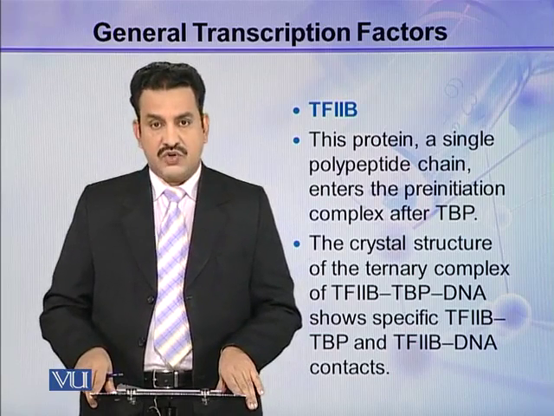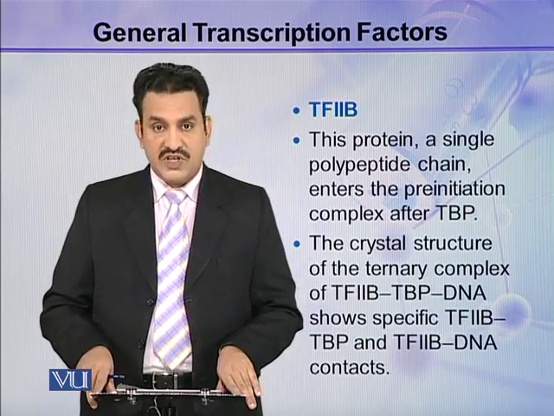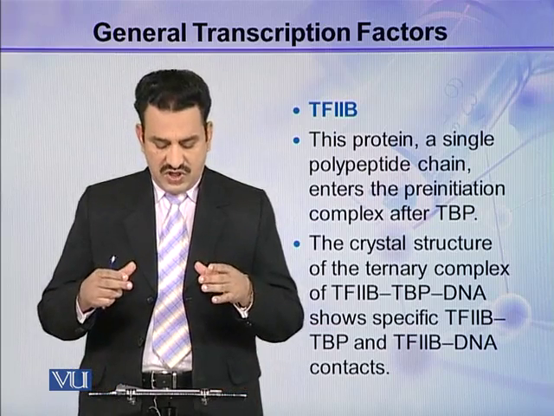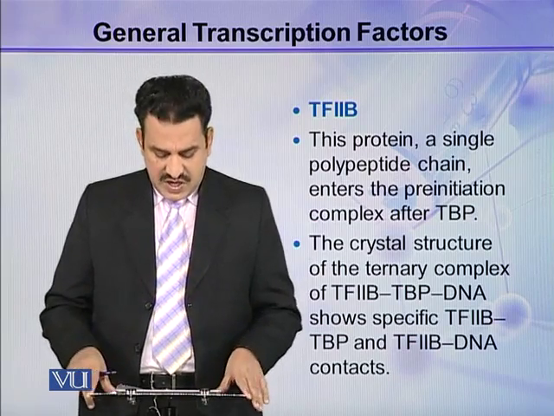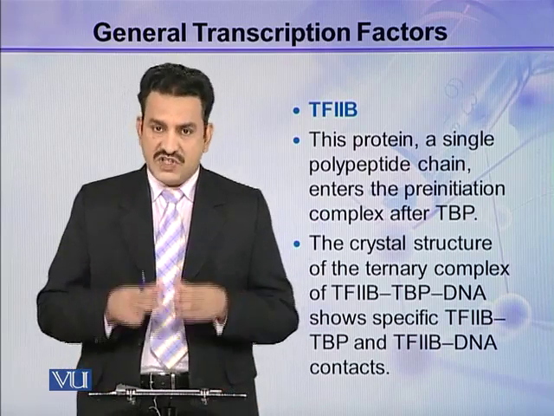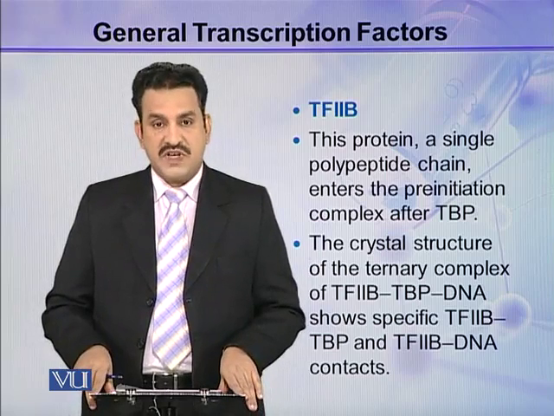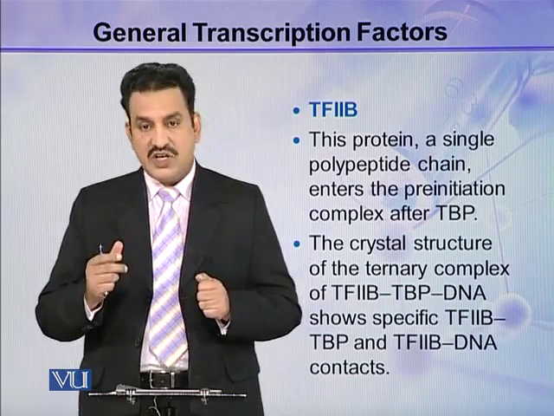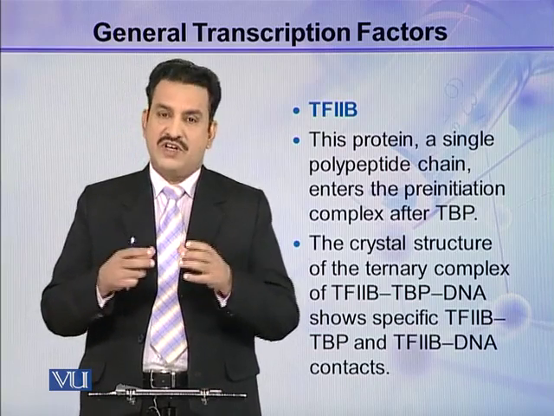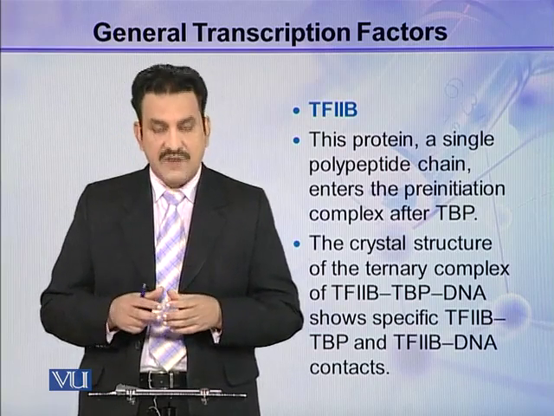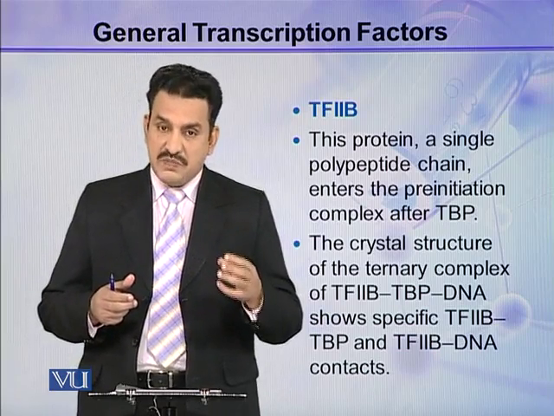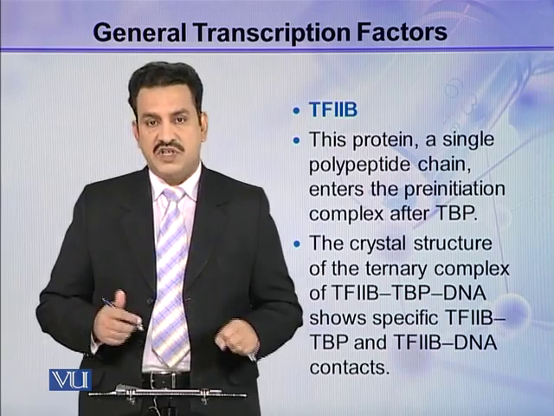The crystal structure of the ternary complex of TF2B, TBP and DNA, so these three make a ternary complex, shows specific TF2B-TBP and TF2B-DNA contacts. So this TF2B makes contacts with TBP as well as with DNA.